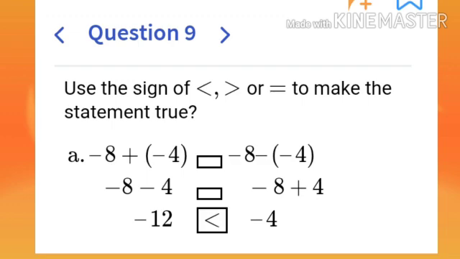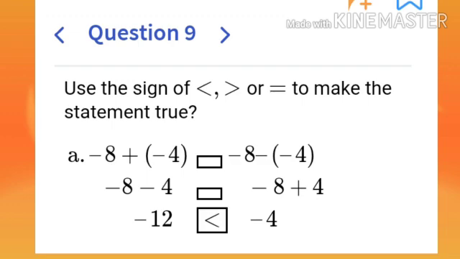Is minus 12 greater or is minus 4 greater? Here both the numbers are negative, minus 12 and minus 4. Just assume a number line. 0 is in the middle. Positive integers are on the right of the number line, negative integers on the left. When we move towards the right, the numbers keep increasing.